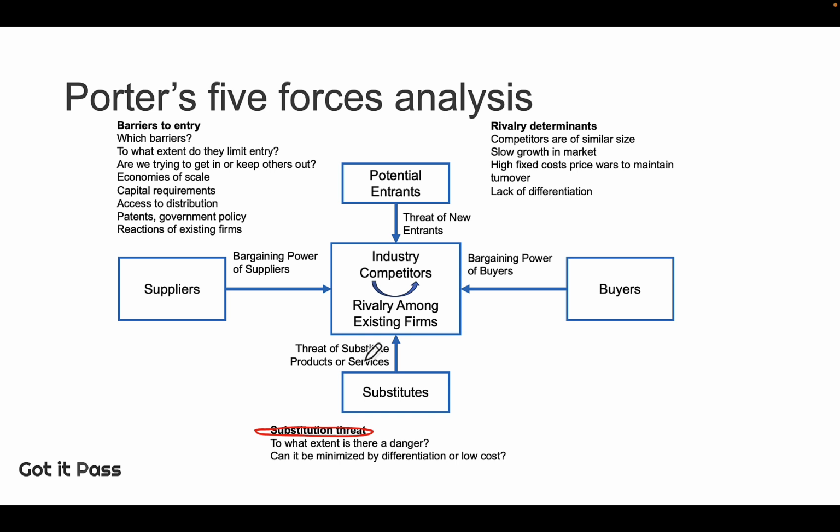An example within the industry is milk products. You have long life milk and fresh milk, and they compete with each other. If the fresh milk price drops, it will affect the long life milk sales volume as well, because they are substitutes for each other.